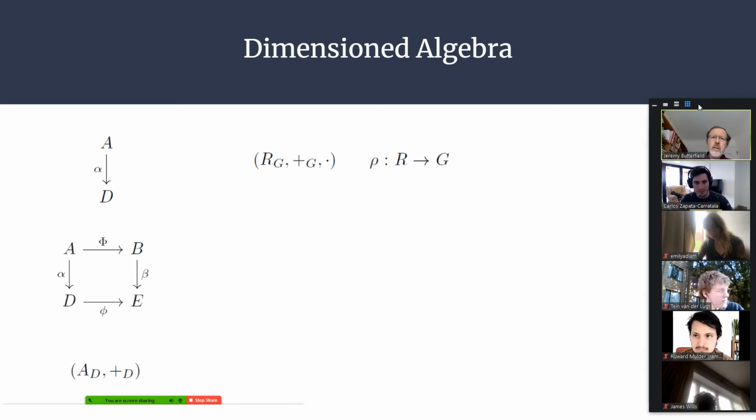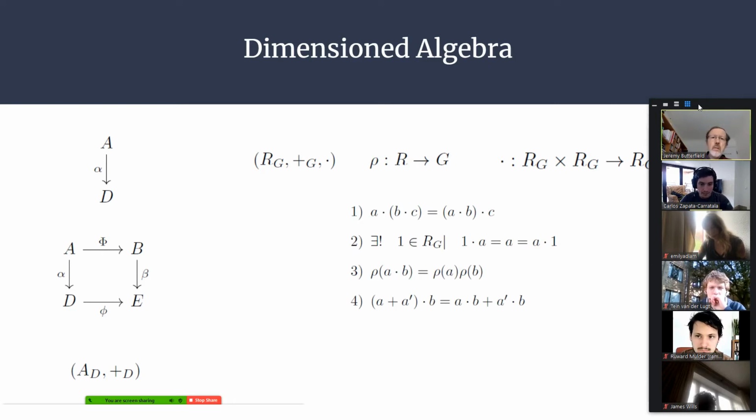If I put a total multiplication on top, so that would be the dimension projection, a total multiplication on the set, it will be called a ring if the following typical ring axioms hold. If you notice, if you remove the third one, these are just literally the ring axioms. And you might look at the first two and say, well, those are just the axioms for a monoid. That's correct.